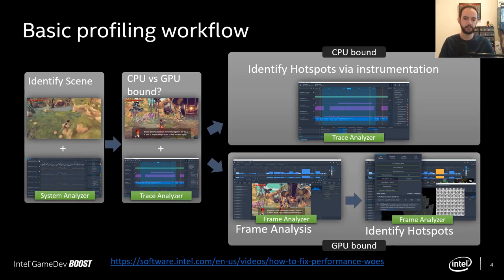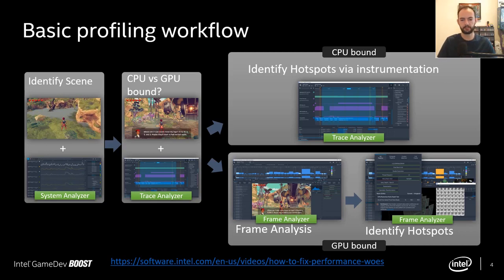And then if you're GPU bound, you use Frame Analyzer, which is GPA's frame debugger profiler. We're trying to make it as easy as we can on the Frame Analyzer team to at least help you understand some of the more basic questions. If you have a frame, we gather everything that went into creating that frame, all the shaders, programs, textures, etc., and help you understand first what are my most expensive draw calls, or passes if you have debug regions enabled, and where in the graphics pipeline the bottleneck is.